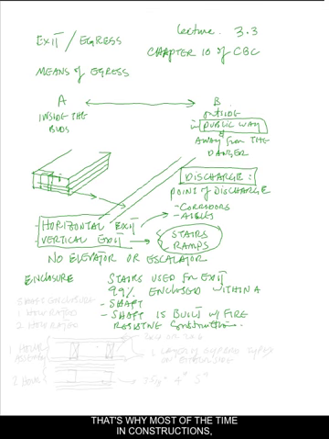That's why most of the time in construction you will see shaft enclosures, depending on the type of construction you have, are either 1 hour rated or 2 hour rated.